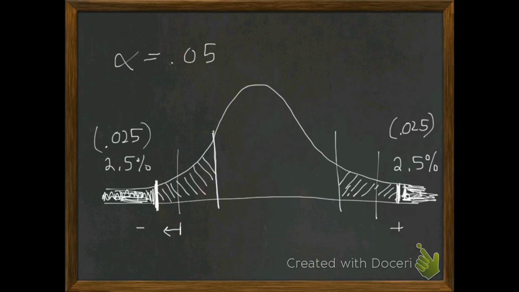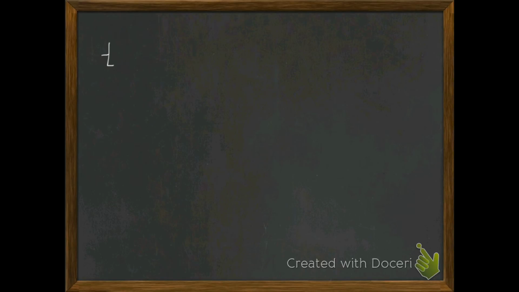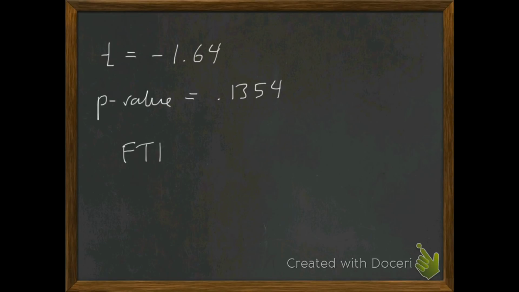When multiplied by 2, it's going to be bigger than 0.05, which tells us that we're in this area, which is our fail to reject area. Okay, so guys, what we've got here is a t-value of negative 1.64. We end up with a p-value equal to 0.1354, and we end up with a fail to reject our null.